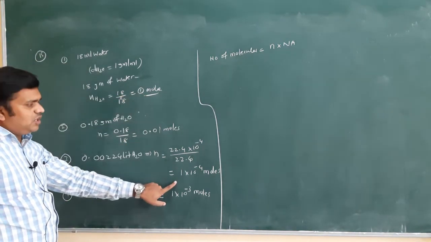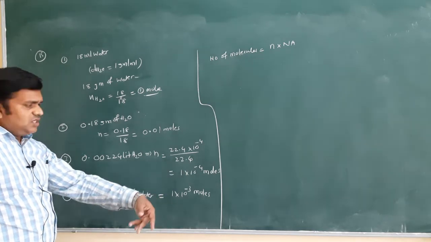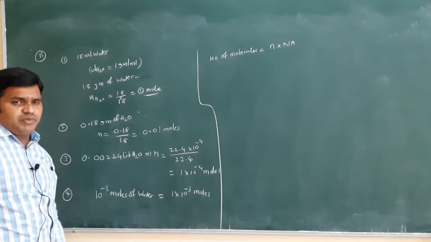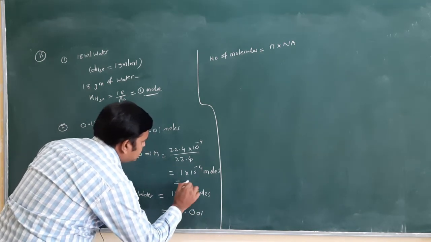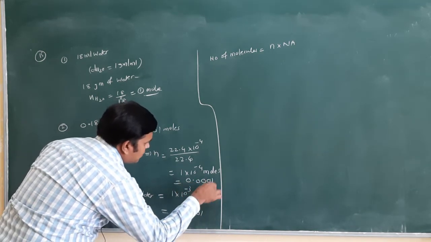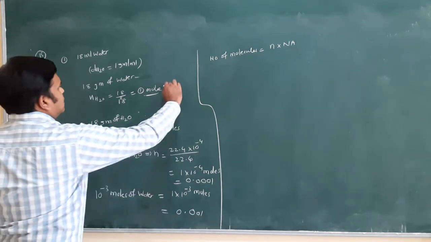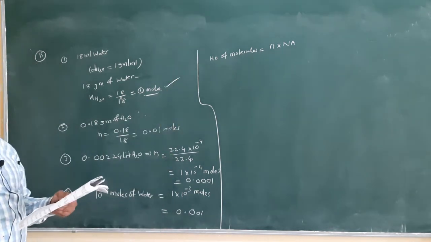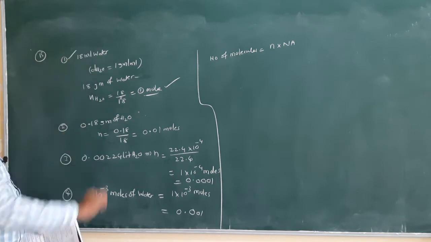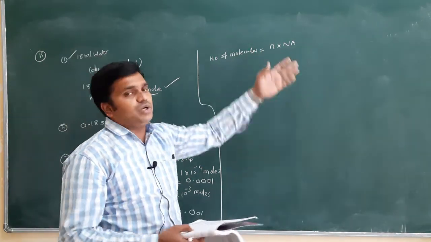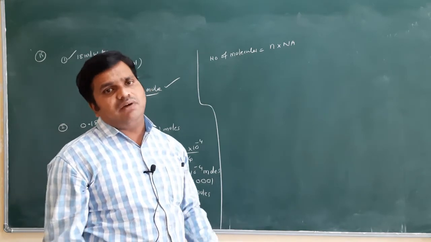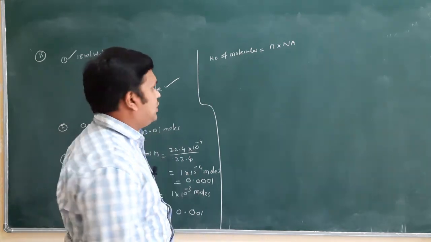Here 10 power minus 4, you write 0.0001. Here 1 into 10 power minus 3, this is 0.001. Which one has the highest value? It is option 1 only. So what is the answer for this question? 18 ml of water has the highest number of molecules. Why? Number of molecules is equal to n into Na, so the more the n value, the more the number of molecules.